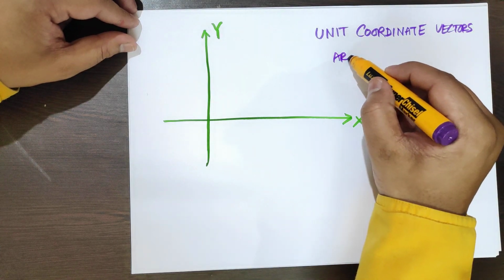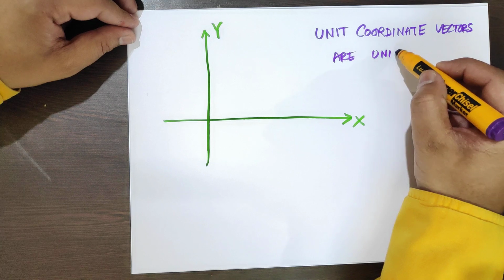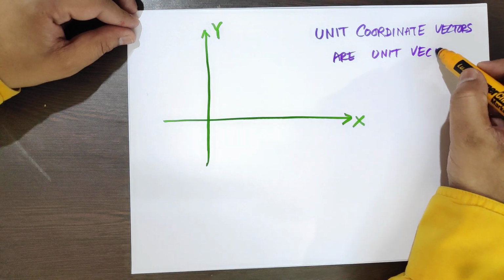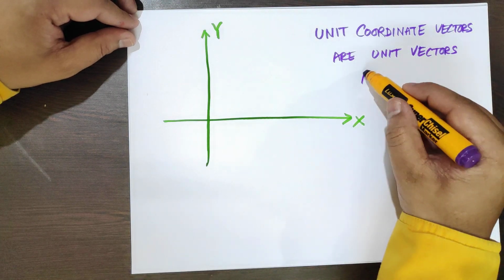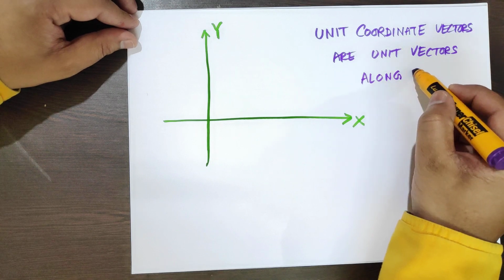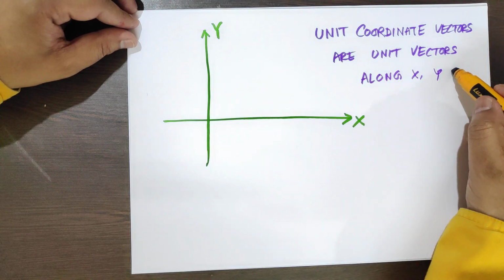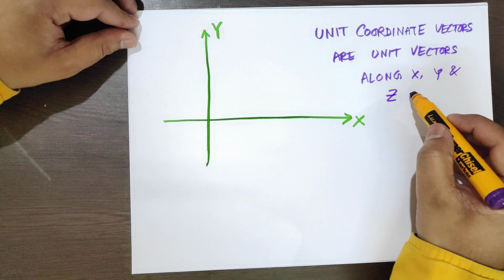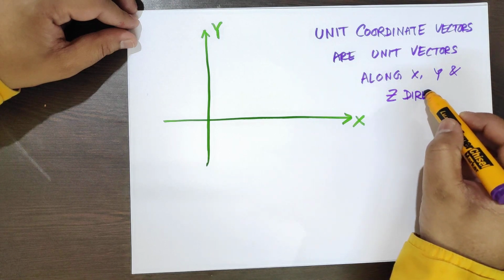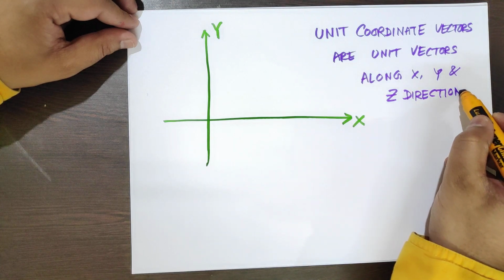They are unit vectors along x, y and z directions.